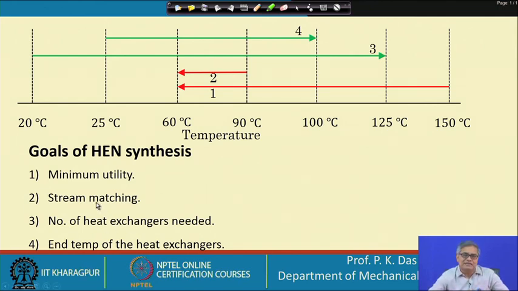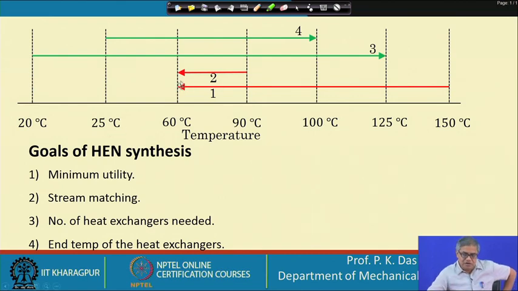Then stream matching. Inside here you see in this zone, 60 degree to 90 degree Celsius, in this part of the network, there will be all the 4 streams.